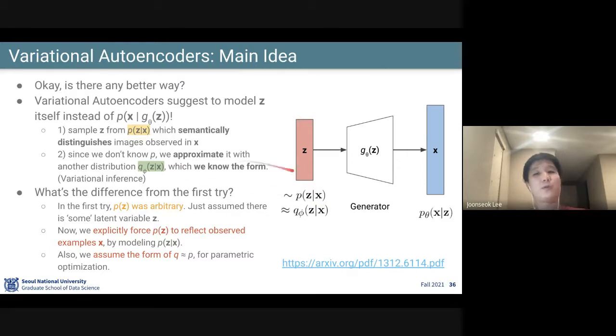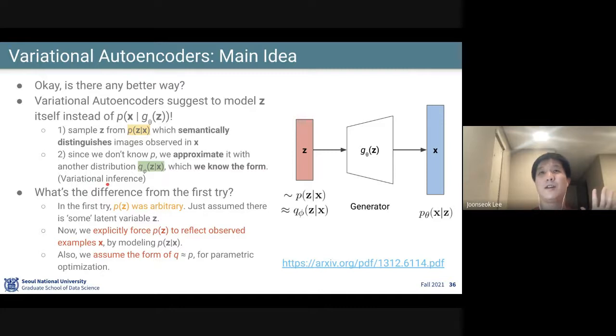And because we don't know what this is in nature, we use some other distribution which can approximate this P, which is called Q. This one we actually define in parametric form, and we can optimize over it. But there we are going to use some ideas from variational inference.